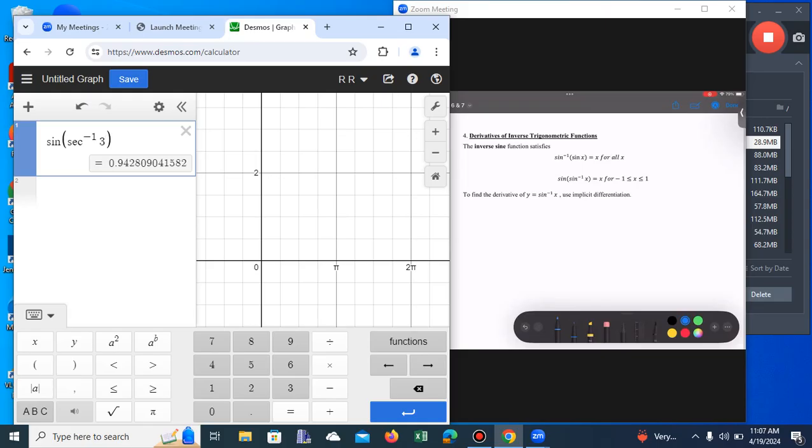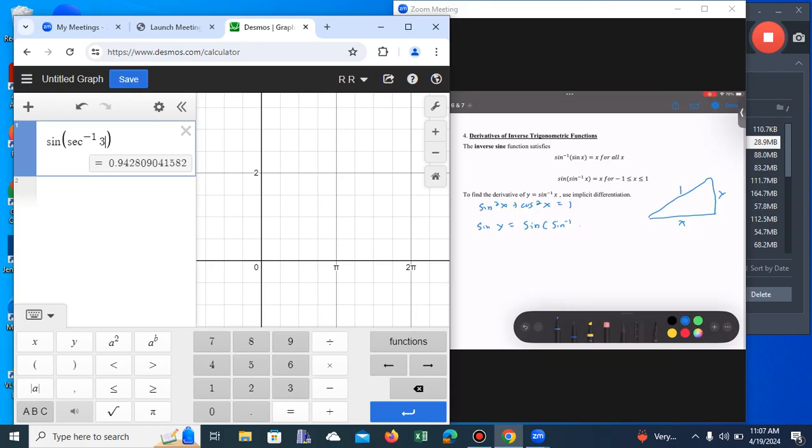So, other thing to remember, we're going to start with sine squared x plus cosine squared x equals 1. We'll draw a little triangle here: x and y and 1. Right, so sine y is sine of sine inverse of x.